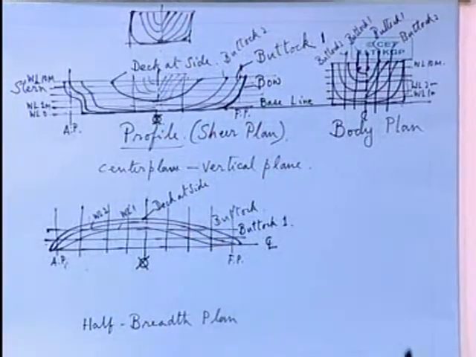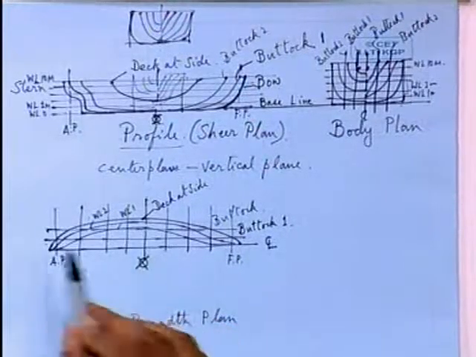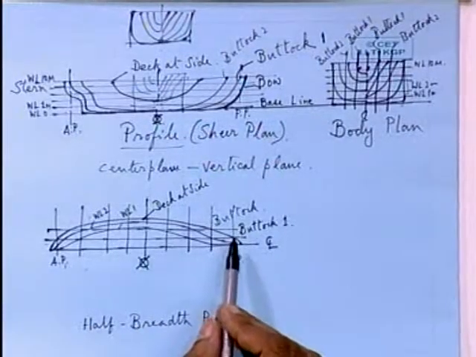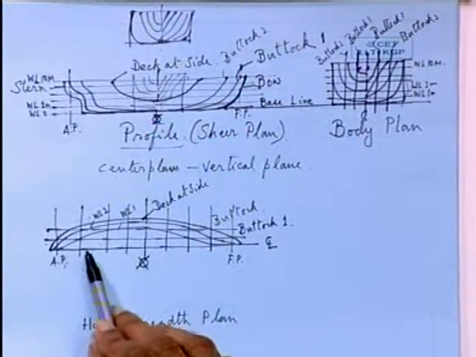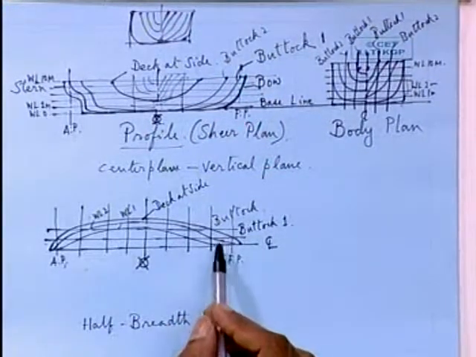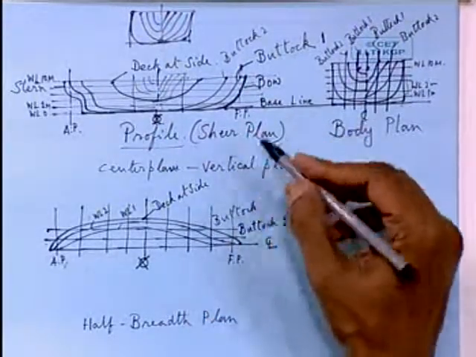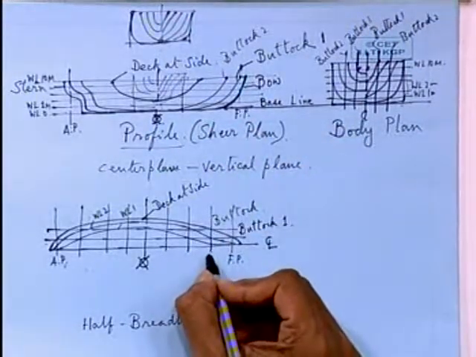You follow? So this length you divide, that is the length between the FP and AP, either into 10 or 20 equi-spaced distances, and these are called stations.